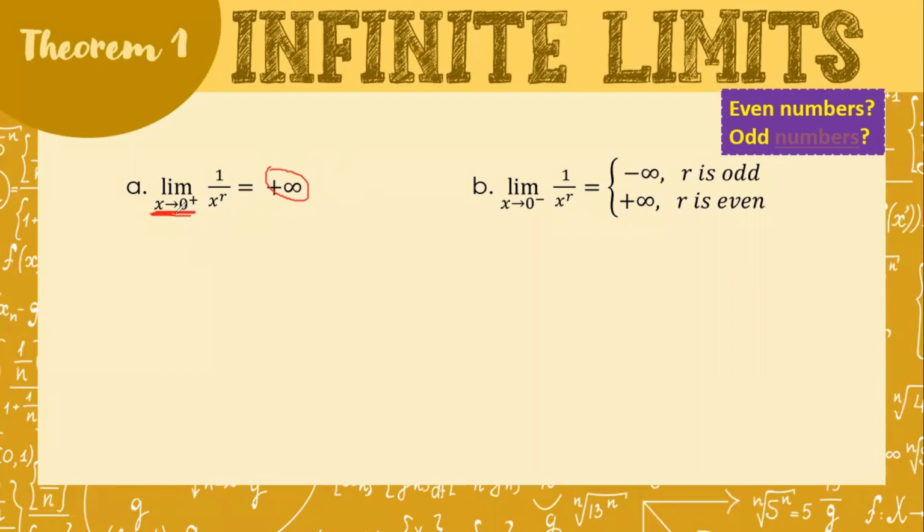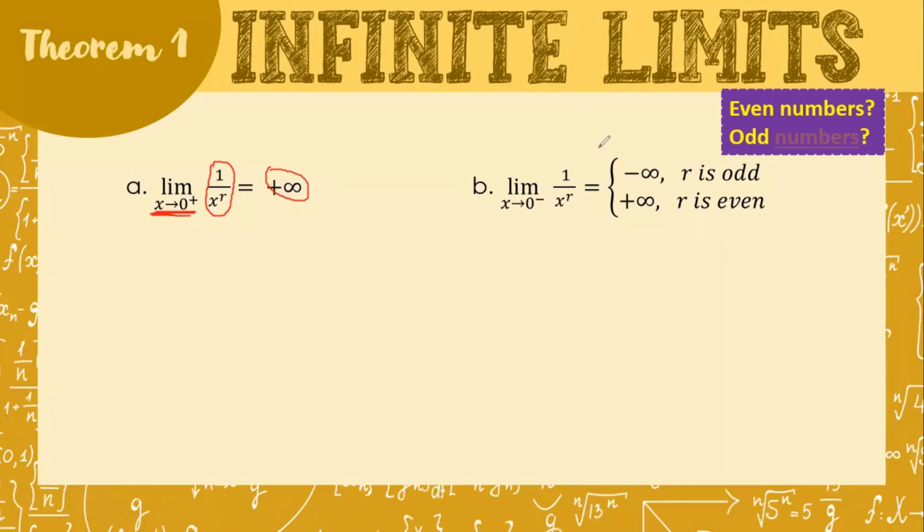Again, if the approach of your limit is to the right and the function is 1 over a variable raised to an exponent, then the result is equal to positive infinity.